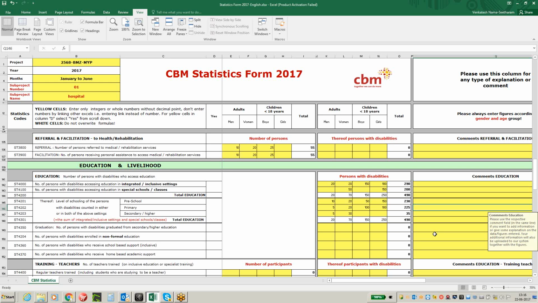Okay, Venkatesh. Yes, thank you, Karen. And as Karen said, if it is a CBID project and they want to report everything in one statistics form, and the totals are not matching, and the numbers they have given are correct, then they can just give a comment saying why it is not matching, so that we know the reason why it is not matching, even though the numbers are correct.